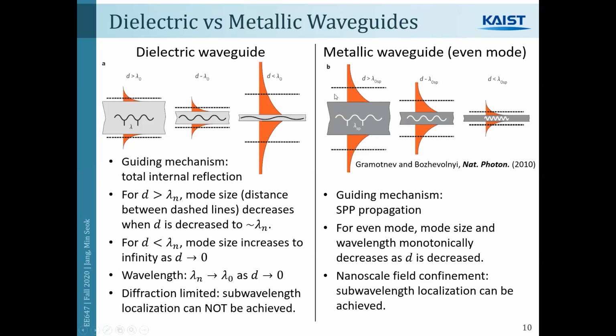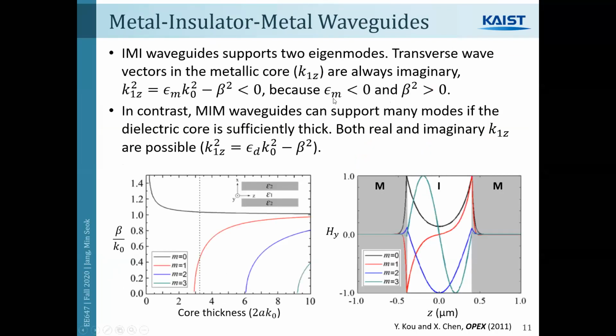Okay, I don't want to cover too many things today, so this will be my final slide for today's lecture. So far, what I have covered was the IMI waveguide, insulator-metal-insulator waveguide.